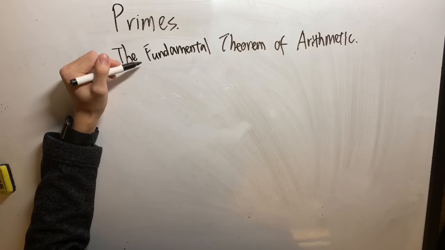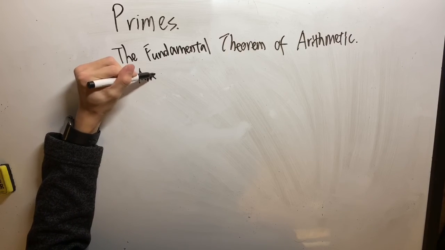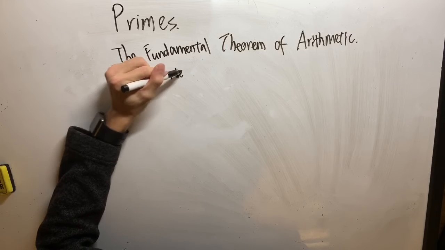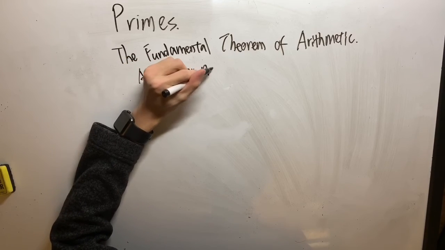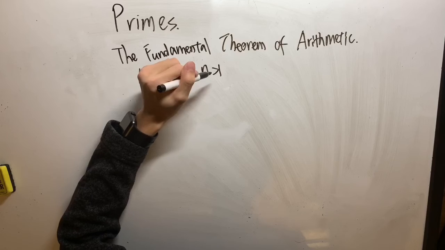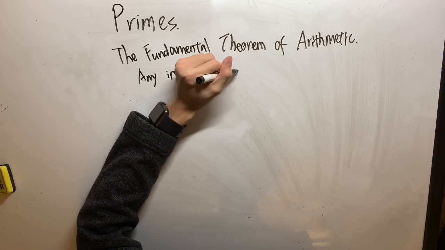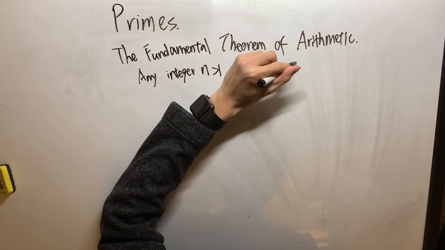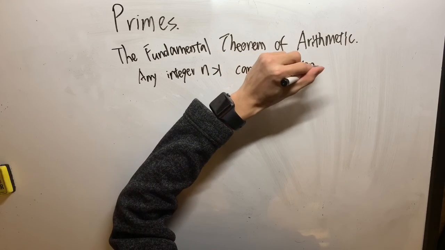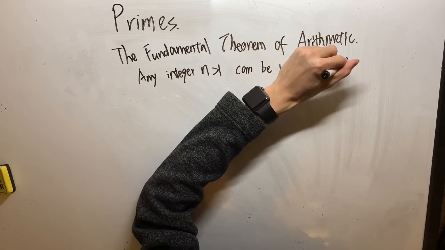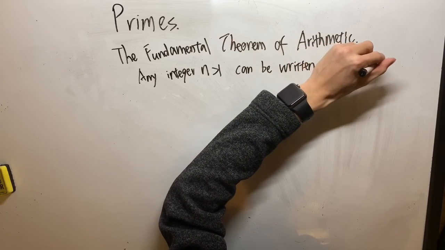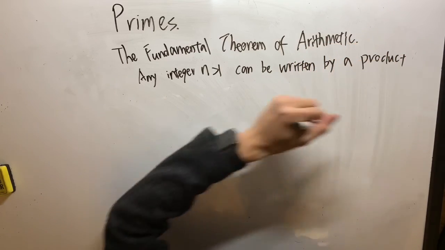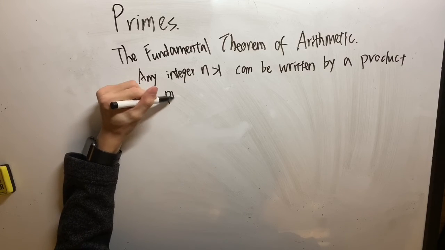Its statement is that any integer n bigger than 1 can be written as a product of primes.